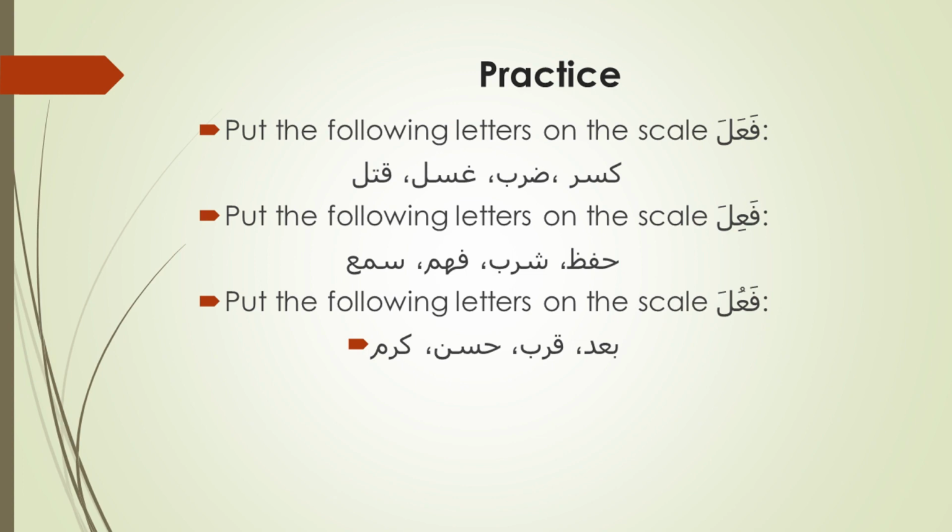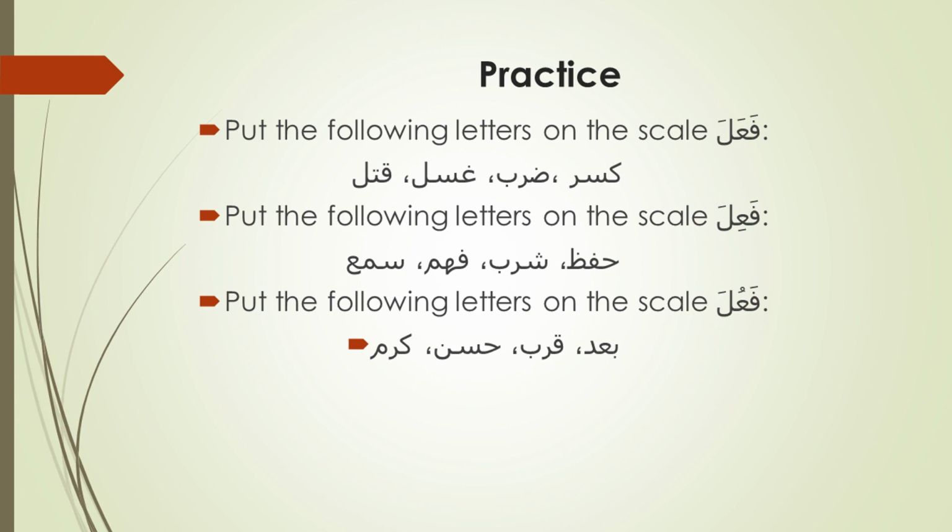For this one, if I was to do it for you, this one will be kasara. The next one, the ha, the fa, and the dad, becomes hafidha. And the one below that, the ba, the ayn, and the dal, becomes ba'uda.